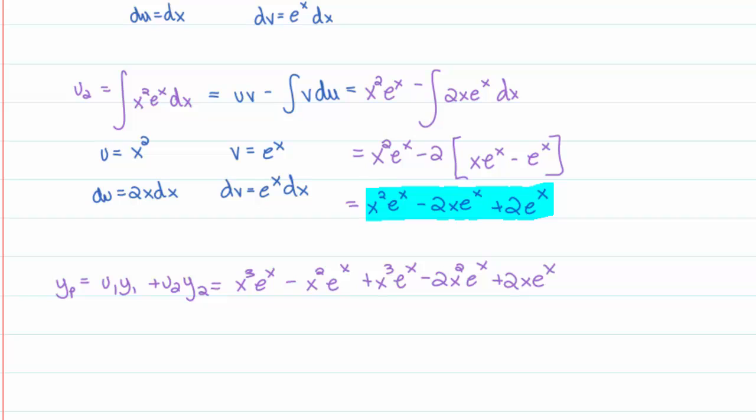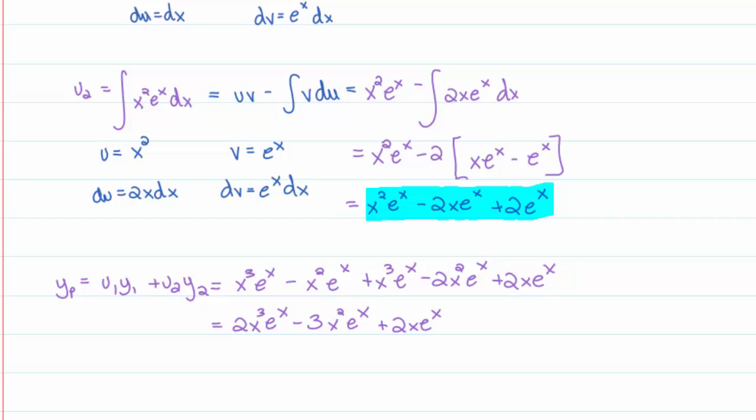Now, you notice that in this process, you're going to have to combine like terms. That's very common. So at the very end here, we get 2 of those x cubed e to the x's, a minus 3 of those x squared e to the x's, and then a plus 2x e to the x. Let me just look through and make sure that I added and did everything correctly. I did. Okay. So that's y sub p.